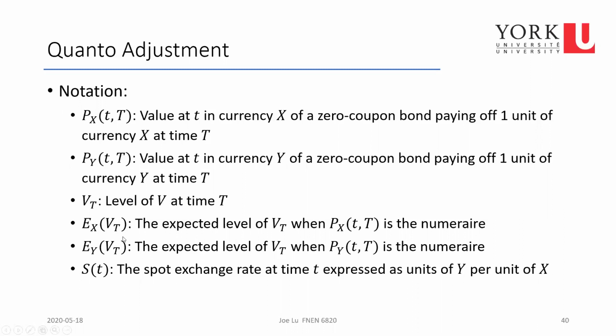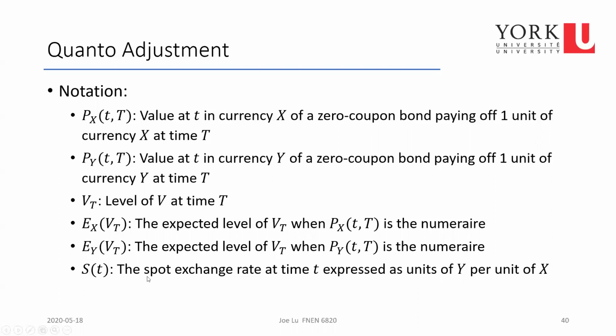Here, we define the expected value of this variable V at T. EX means that we were using this zero coupon bond PX as a numeraire, whereas EY means that we're taking expectation using the zero coupon bond PY as a numeraire.